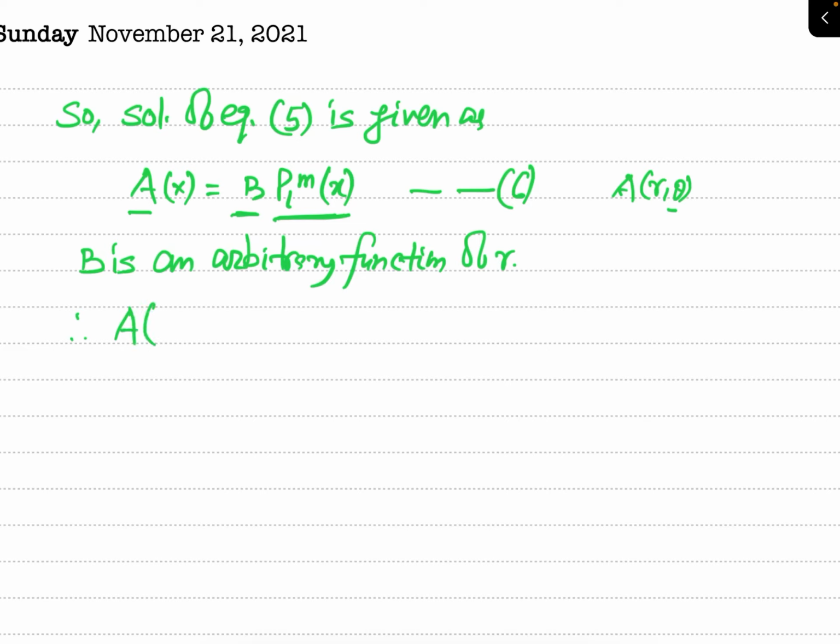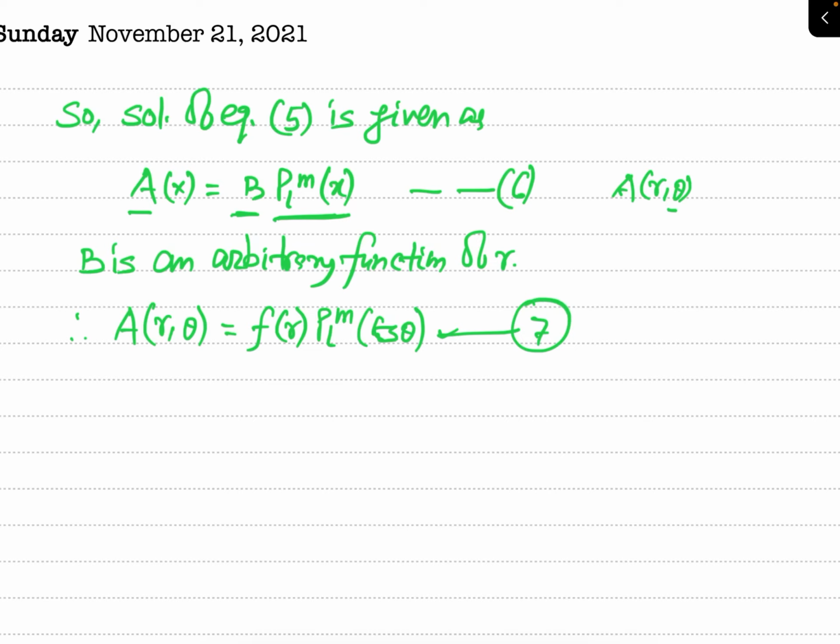Therefore you can write a of r, theta equal to an arbitrary function, let us say f of r, times PLM of x, and now x equal to cos theta, as we have seen. So a of r, theta is equal to this, and you have obtained this by solving the associated Legendre equation.